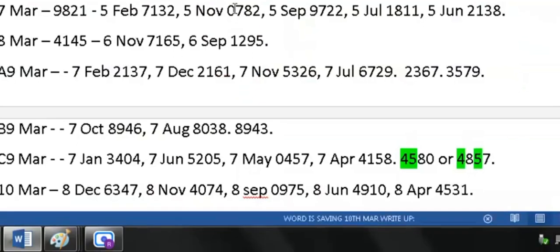Just give me a minute. We'll be done with the four digits that show up here, and that will be the forecast for tomorrow.